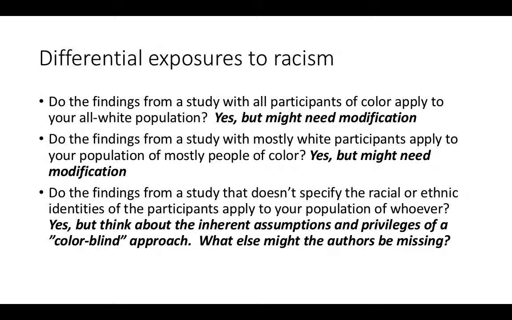The findings about financial education increasing the likelihood of qualifying for a mortgage might totally apply to your all-white population. But you might not need to offer the legal advocacy because it's so much less likely that white people will get turned down for mortgages based on racism. That doesn't happen.